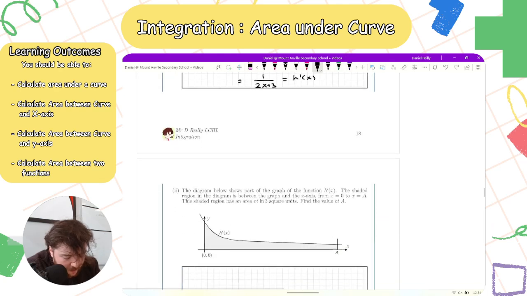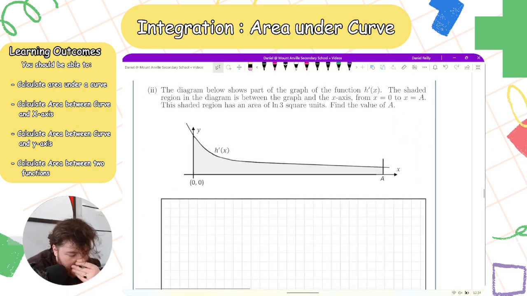Now, the diagram below shows part of the function h of x. The shaded region in the diagram between the graph and the x-axis from 0 to a is ln 3 square units. Find the value of a. So the area under this curve is equal to ln 3.